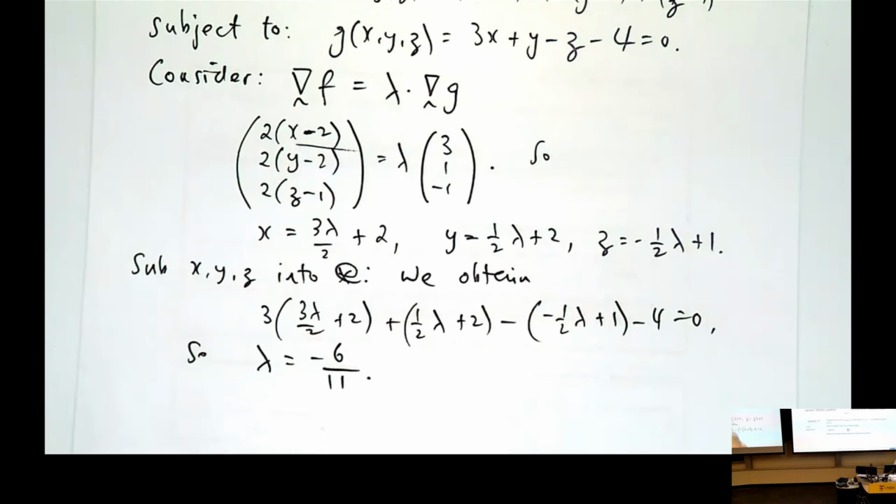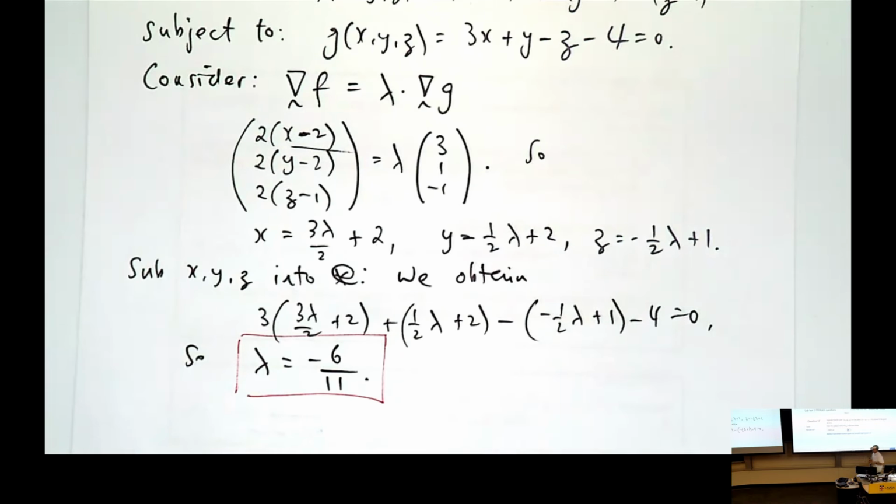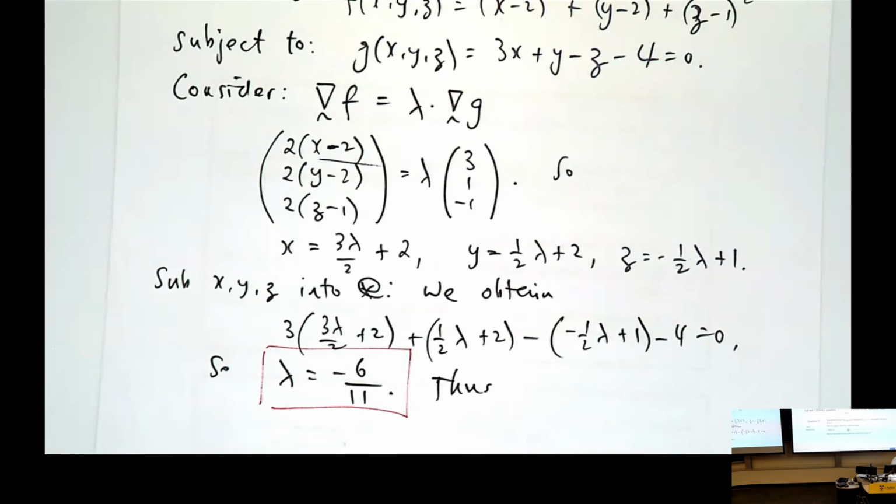Now, in previous questions, we haven't worried about the lambda too much. But why is lambda sort of nice here? Well, if you know lambda, you know x, you know y, and you know z. So it's a nice little byproduct of getting the lambda. Okay, so what does the question ask us for? Let's just go back for everybody at home.